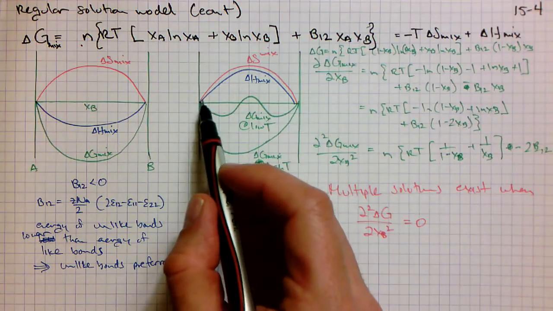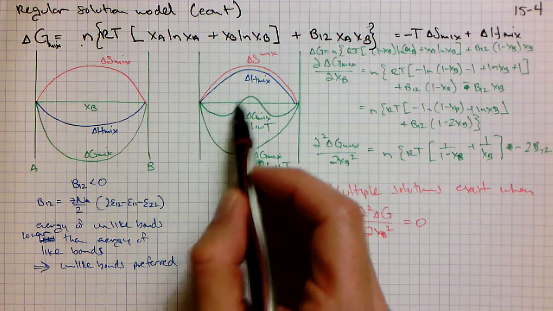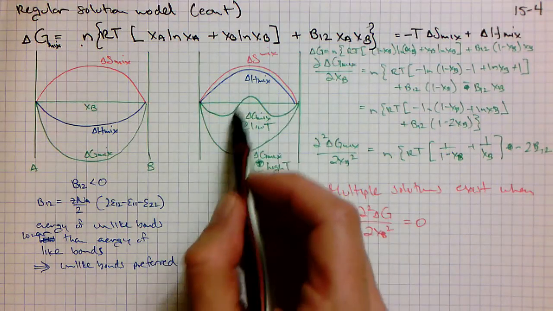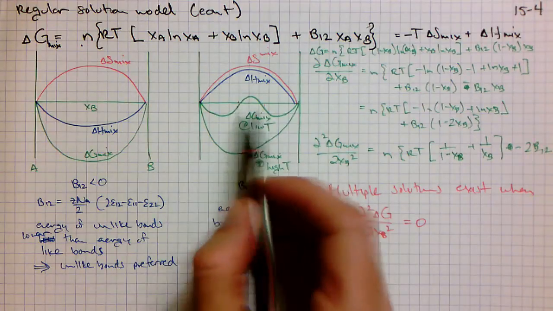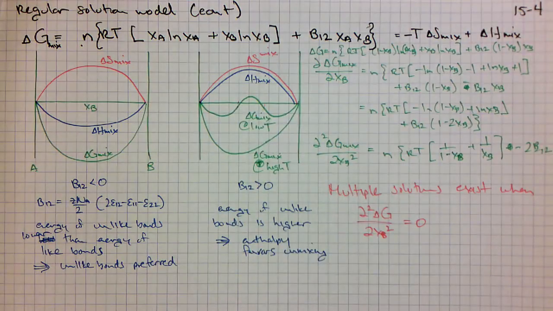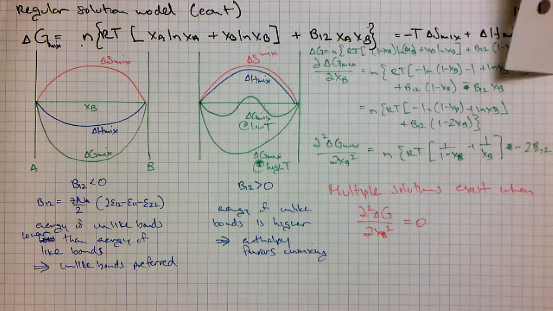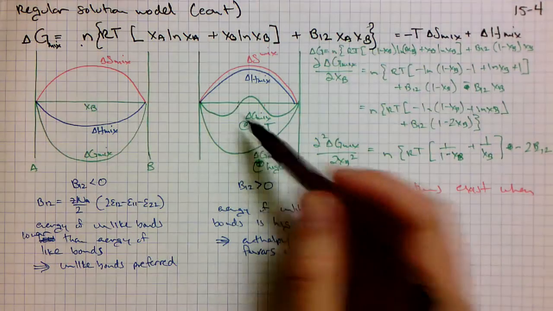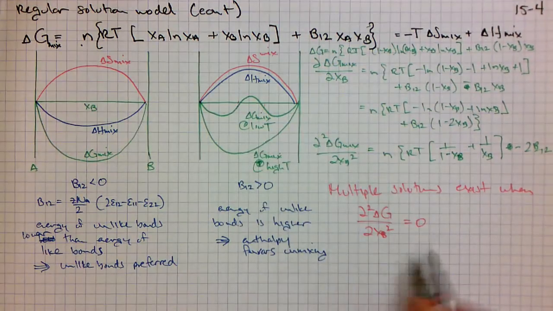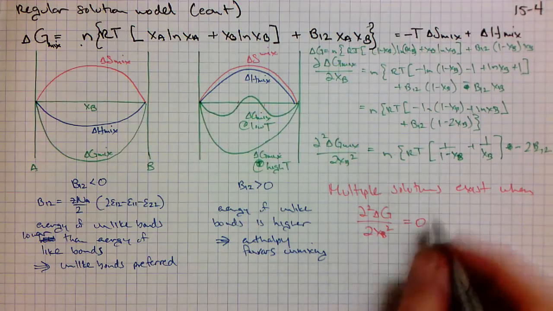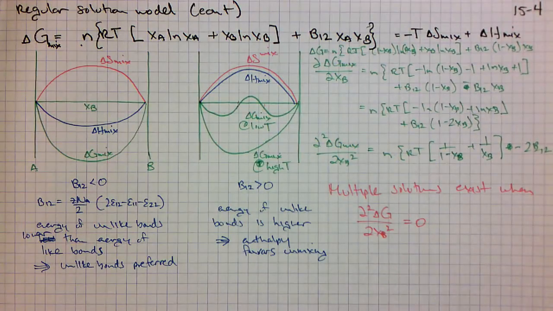Here, when we're at low temperature, the curvature goes from positive to negative, so there must be some point along the way where it's 0, and so that's our condition for being able to have these two phases.